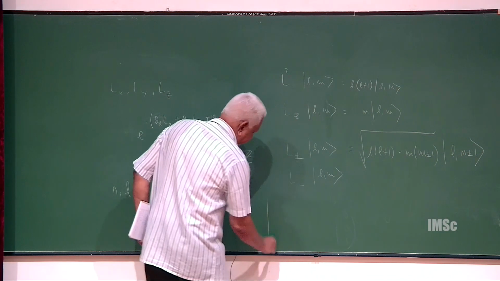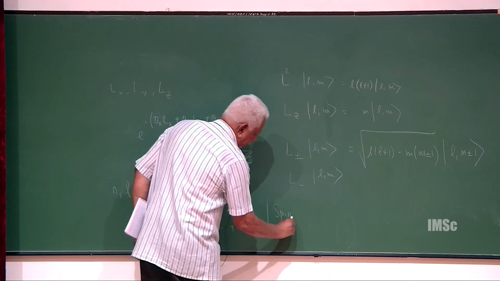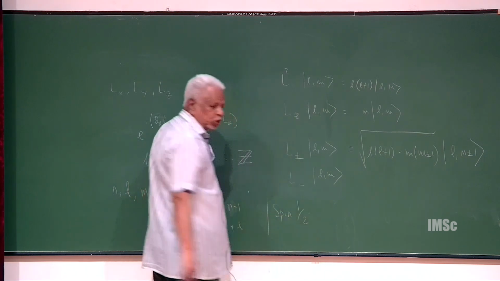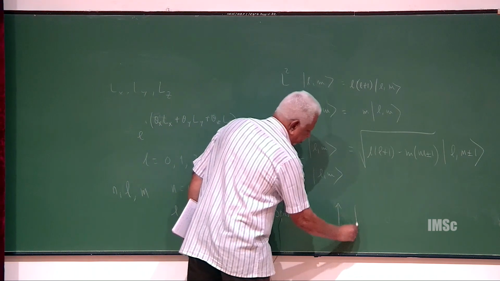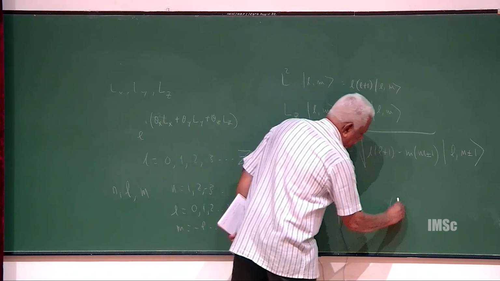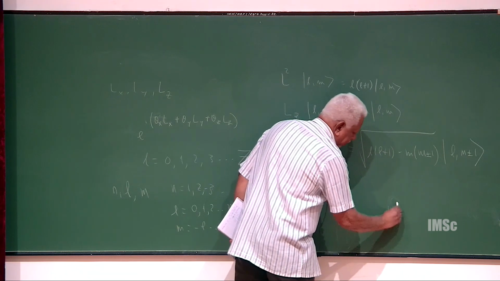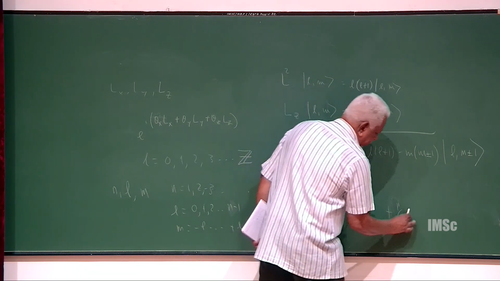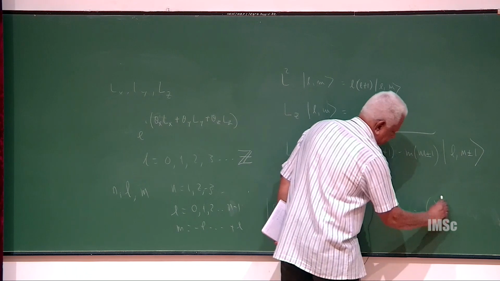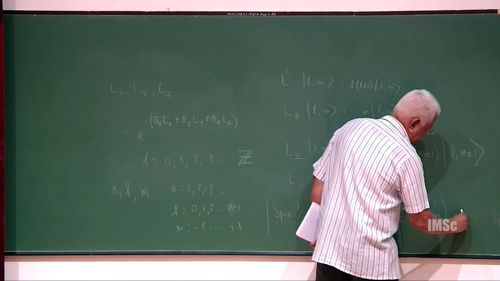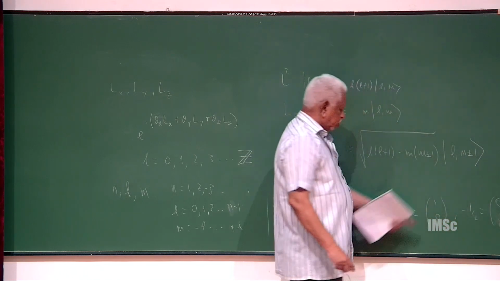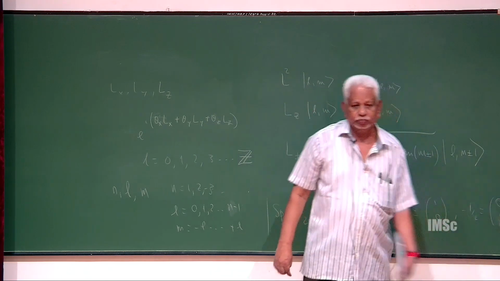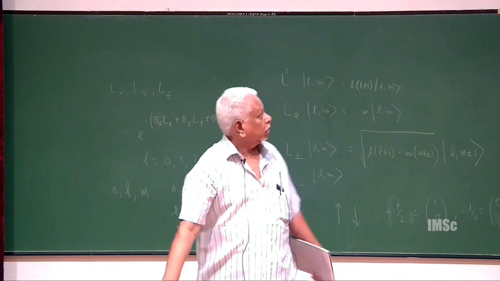Spin half will have spin up and spin down, or plus half is called the 2 by 2 matrix 1 0, minus half is 0 1. This is spin up and this is spin down. Okay? This is what is there.